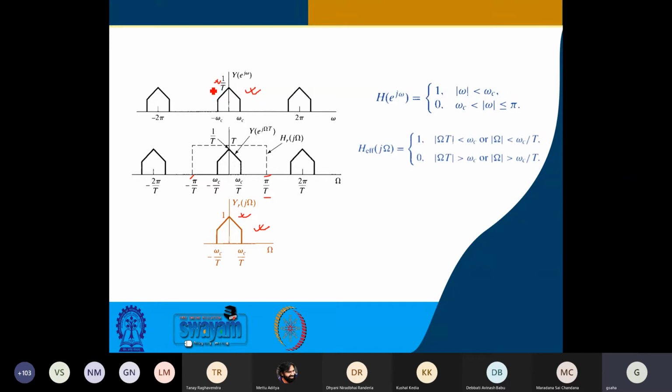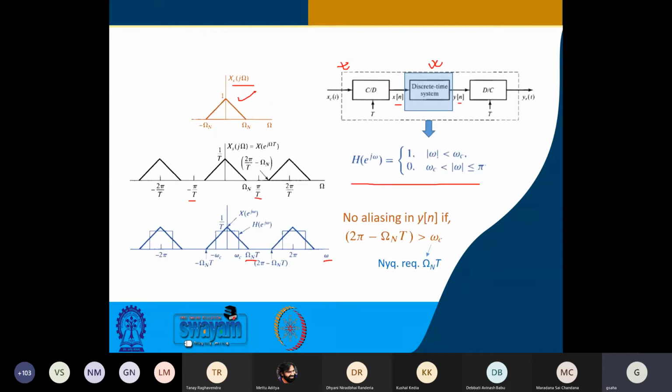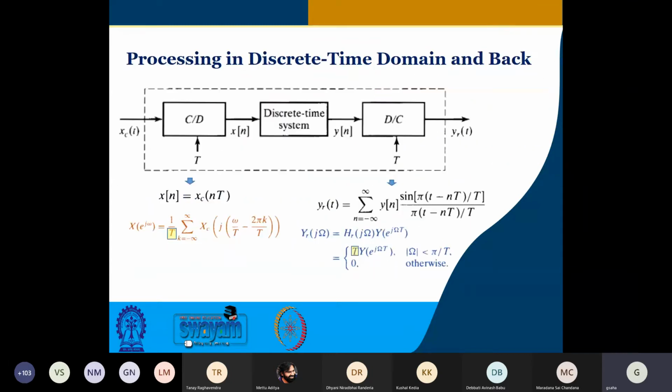So be careful about that, right? And since this is 1 upon T, so this is multiplied by T, which we have already discussed before, so you all know that.